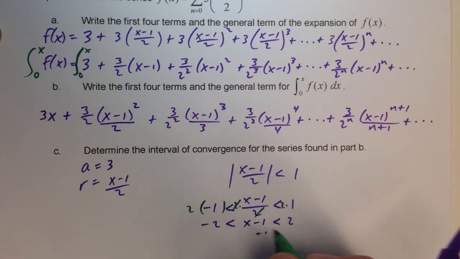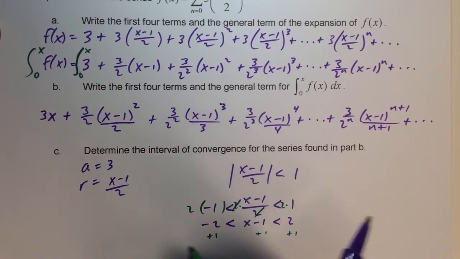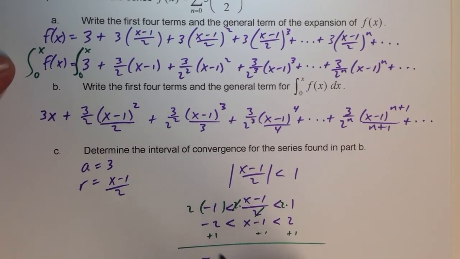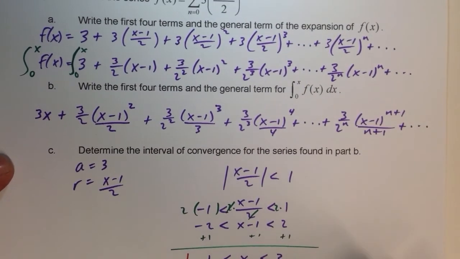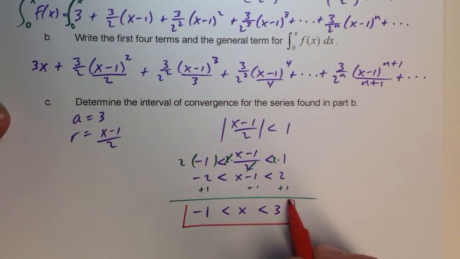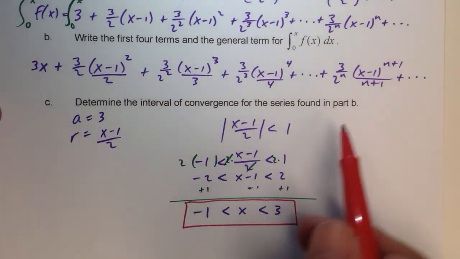Then if we add 1 to all three parts, negative 2 plus 1 is negative 1, less than x, which is less than 2 plus 1, which is 3. So we have our interval of convergence for the first series, which is the same as the interval of convergence for the series in part B.